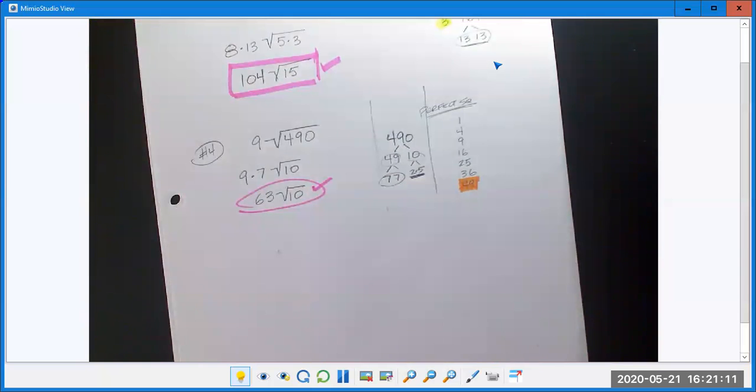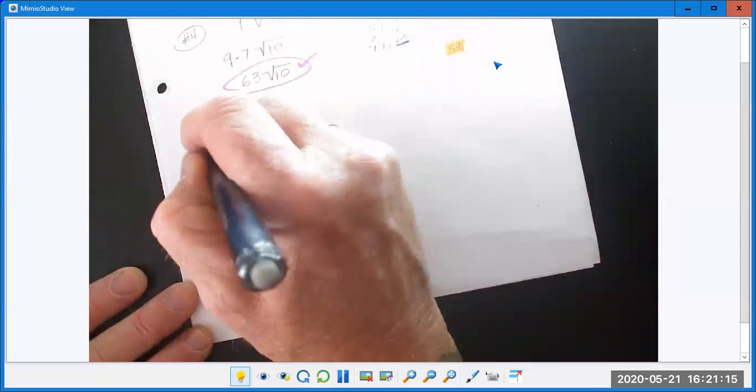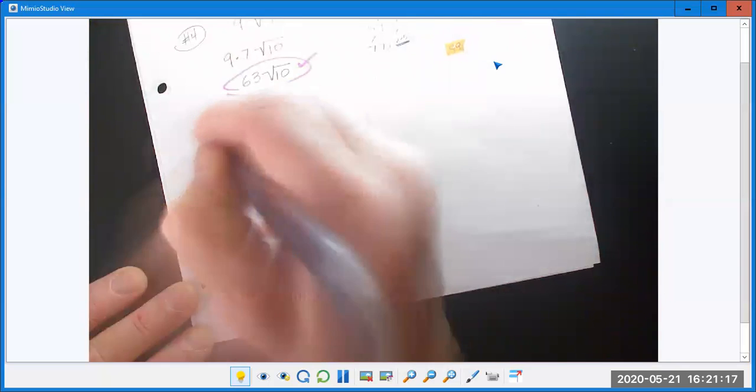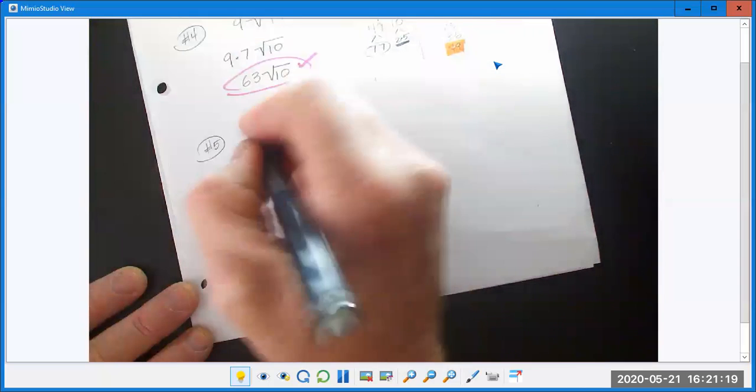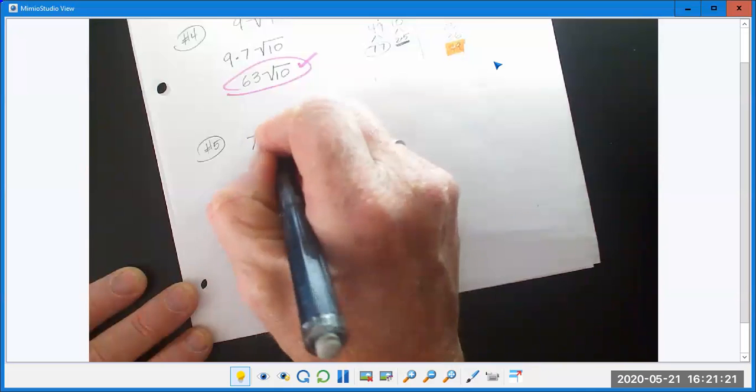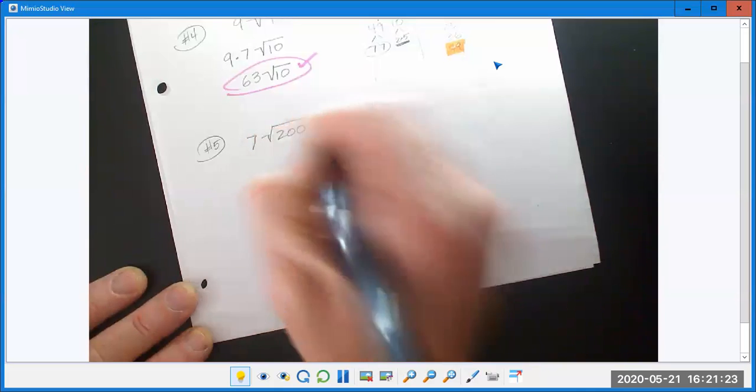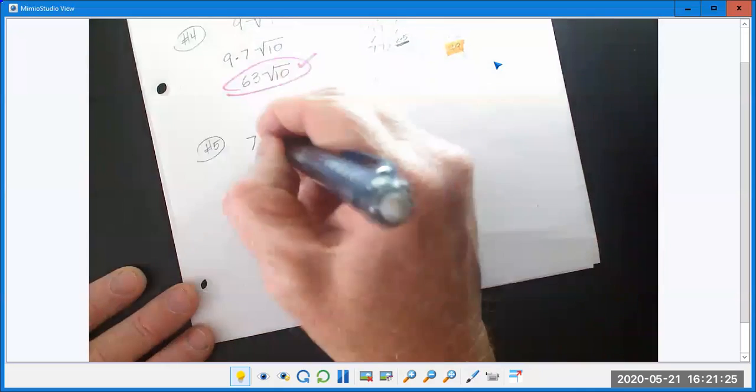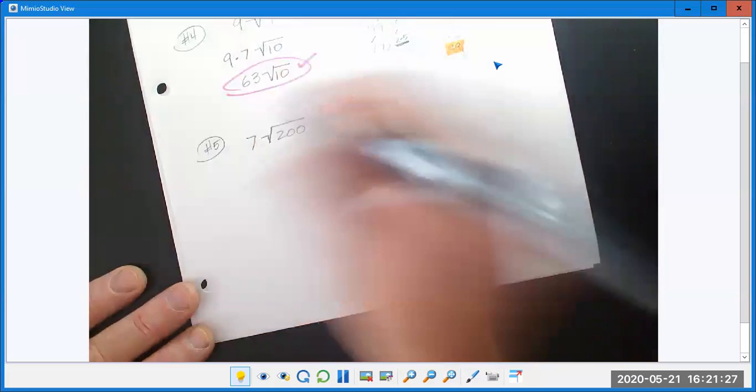All right, try to pick up the pace a little bit here. Let's do number 5. Number 5 is 7 radical 200. That's awesome. I like this one.